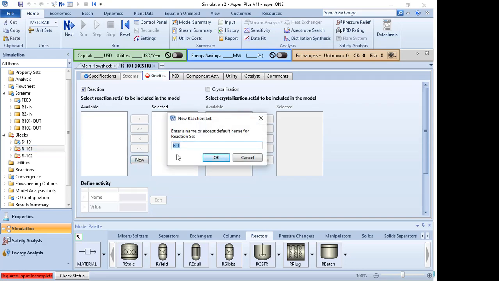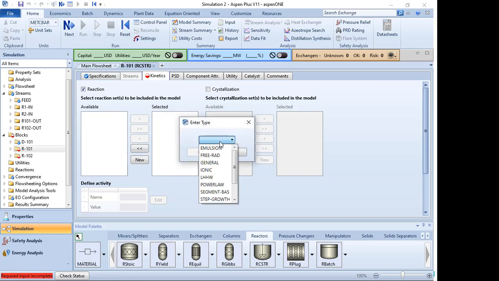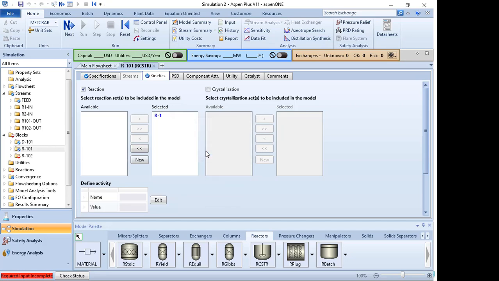So you have to click new, R1, okay. And here you can choose which kinetic model you are going to use. It will depend on the information of your case. In this case, we have a power law model, so you choose power law and okay.